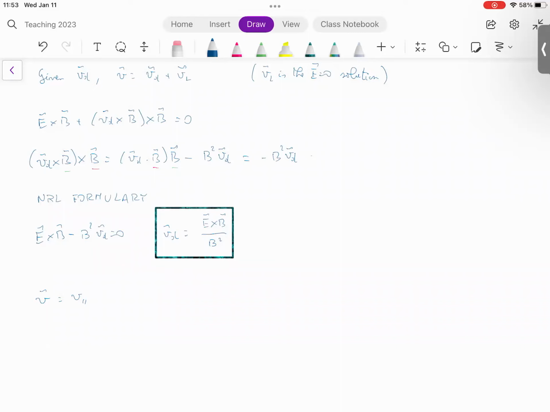And that's not going to be influenced by the magnetic field. That's the direction, the velocity parallel to the magnetic field. And then I'm going to write V parallel with a vector sign, so it's clear that I'm including the direction there. The drift velocity, and then I'm going to have the gyration velocity.